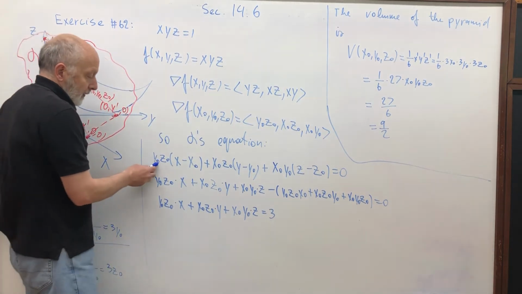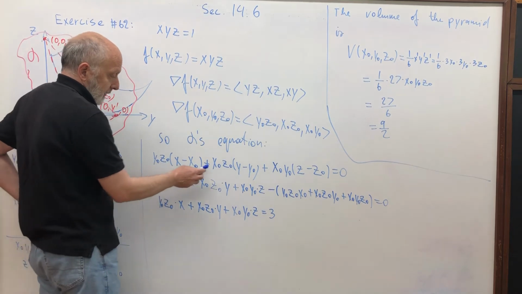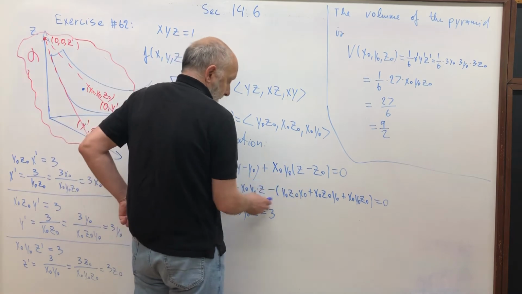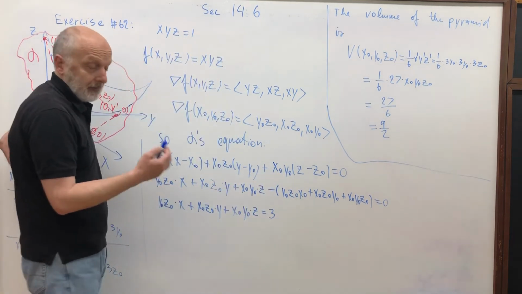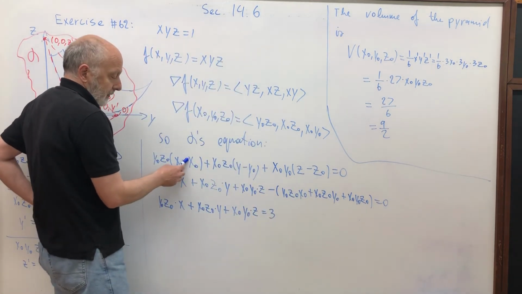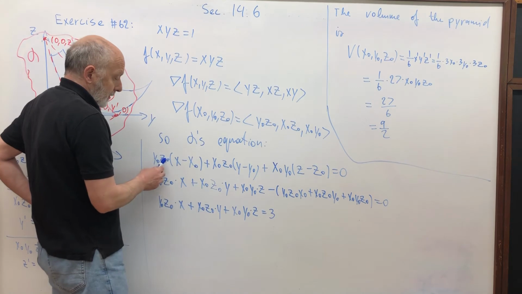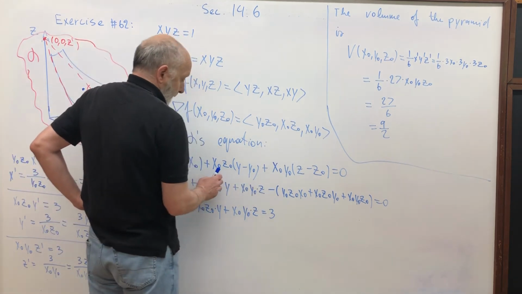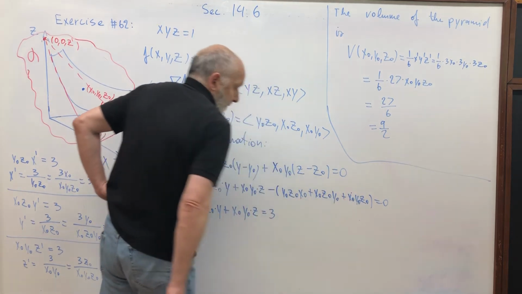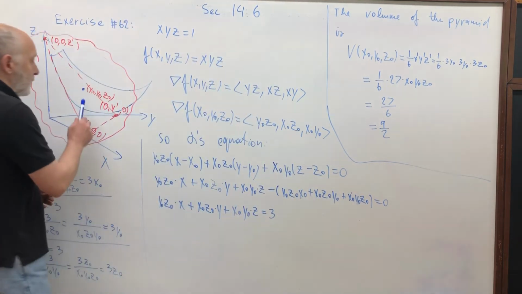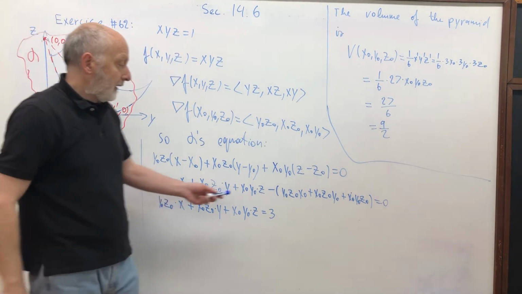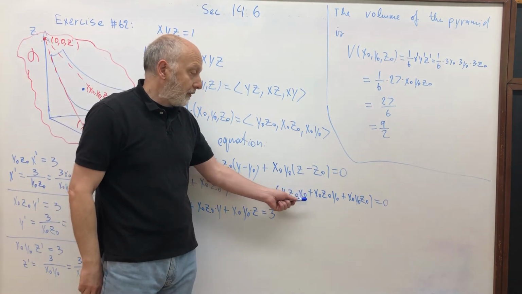Now let's do algebra and simplify this expression. We have y0z0 times x plus x0z0 times y plus x0y0 times z, and we group all the constant terms together right here. So we factor out a negative sign, and it's going to be y0z0x0 plus x0z0y0 plus x0y0z0. But because the point with coordinates x0, y0, z0 belongs to this surface, it satisfies the equation x0 times y0 times z0 is equal to 1.